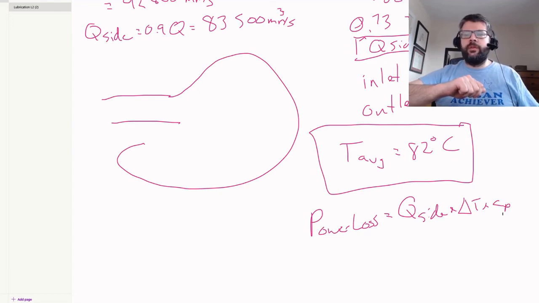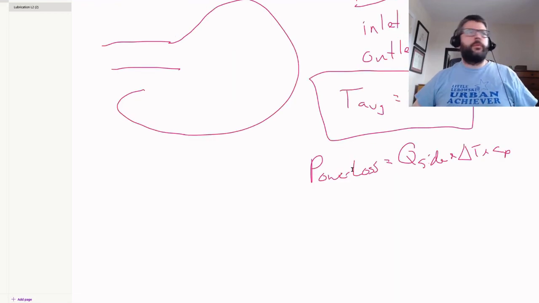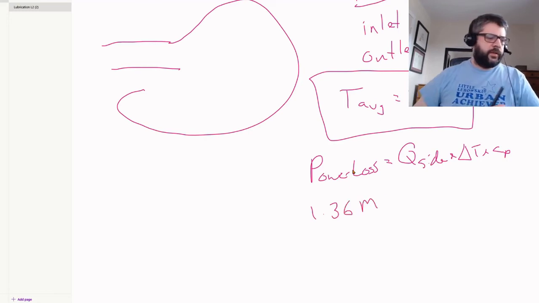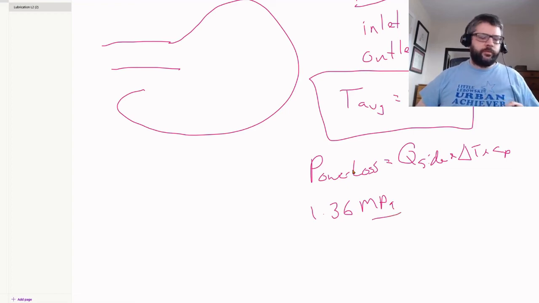Again, you'll recall that the specific heat capacity mentioned for typical lubricating oils, in one of the previous lectures, was 1.36 megapascals per degree centigrade.